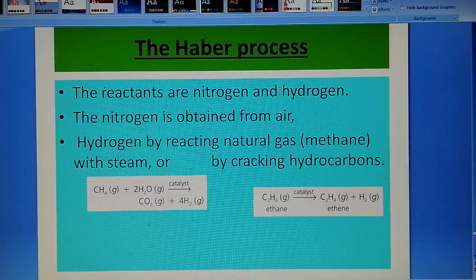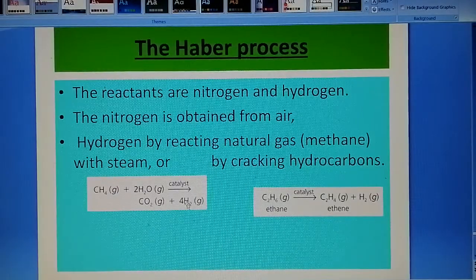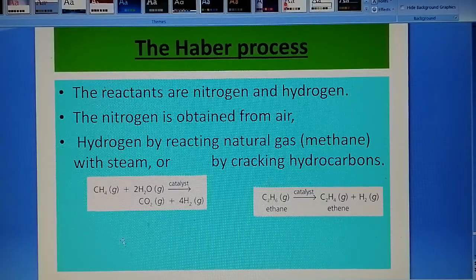Hydrogen is obtained by reaction of methane with steam. You can see the equation here. Methane is CH4, steam is H2O, and we will get hydrogen. Or hydrogen is obtained by cracking hydrocarbons, that is, breaking down of higher hydrocarbons. Usually we will get an alkene as one of the products. So we can use either of these two for the preparation of hydrogen.